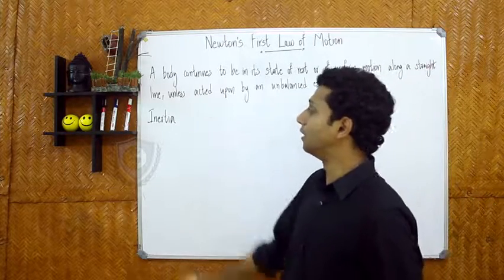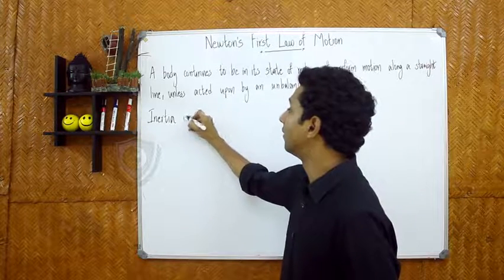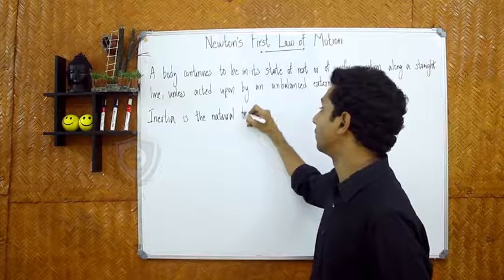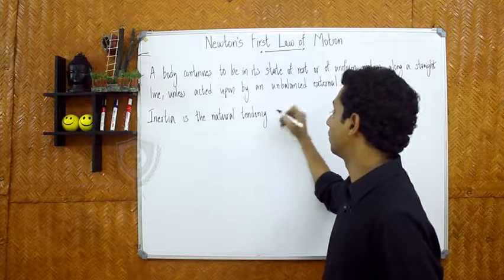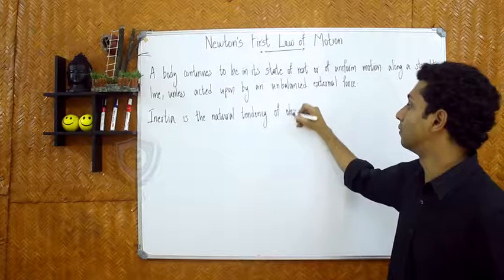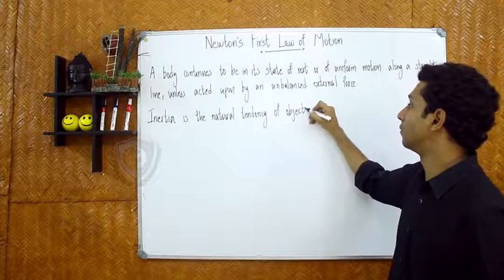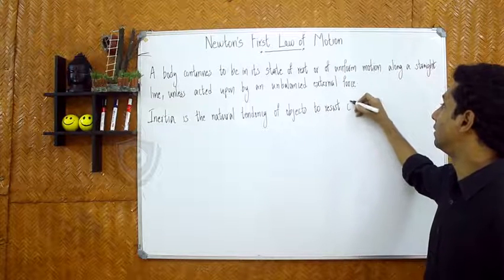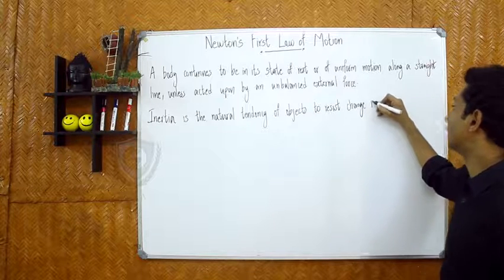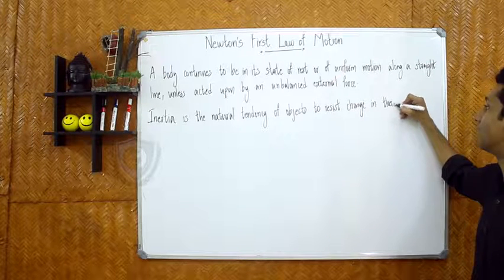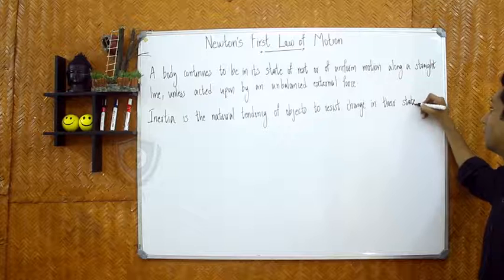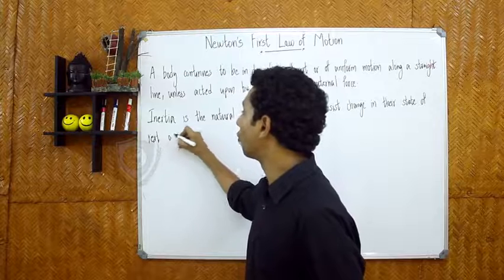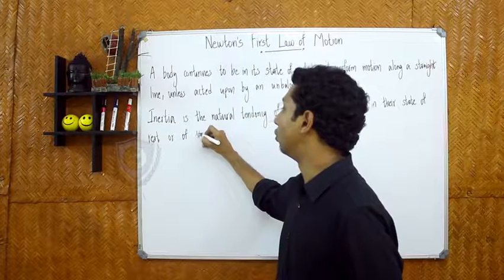So, inertia by definition is a natural tendency of objects to resist change in their state of rest or of uniform motion.